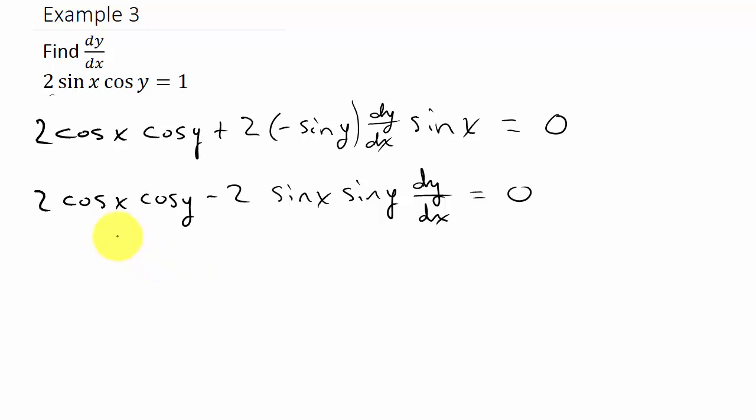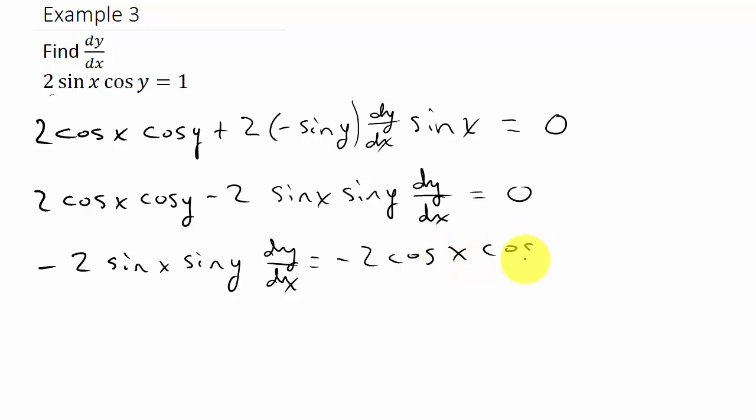Alright, so now I've got to solve for dy/dx. So I'm going to subtract this term from both sides. That's going to leave me with negative 2 sine x sine y times dy/dx equals negative 2 cosine x cosine y.